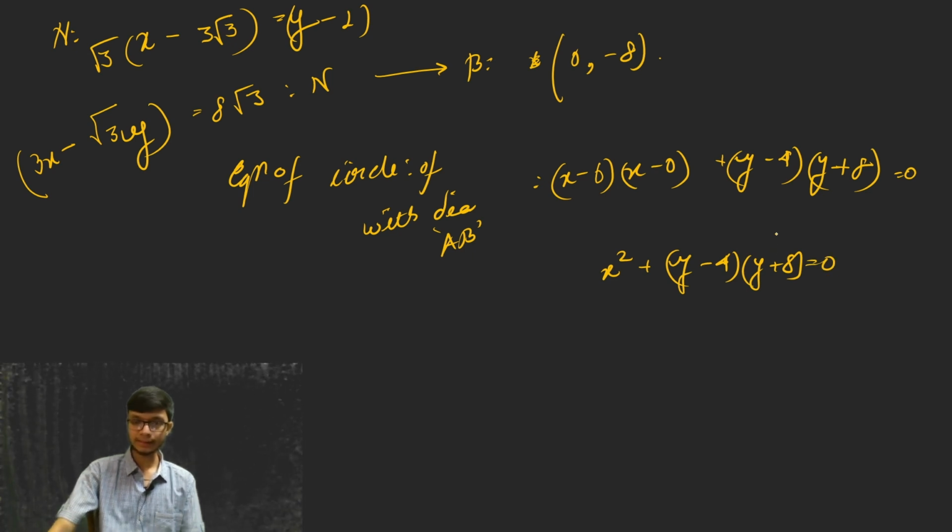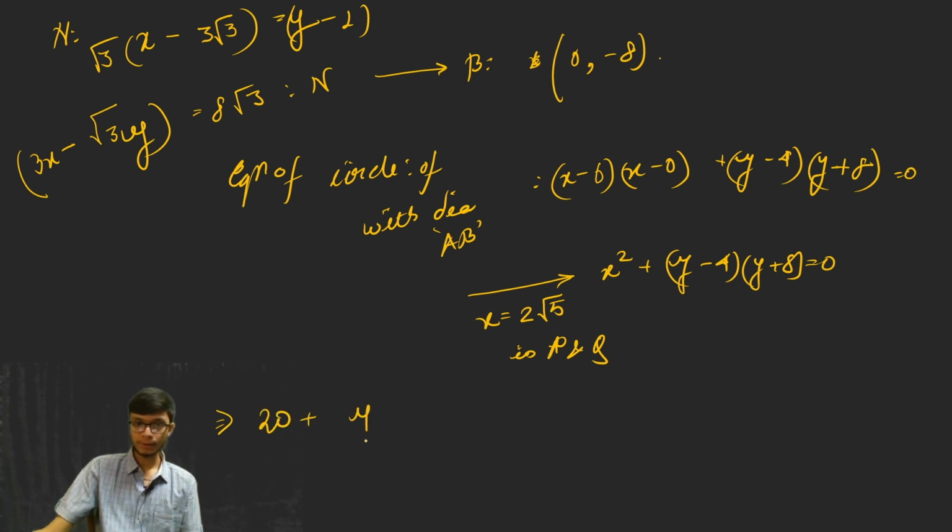Now it is saying that this circle is cut by the line x equals 2 root 5 in two places, P and Q. So let me put x equal to 2 root 5 in place of x. From here, if you solve, it will be 20 plus y square, and what is the sum of the roots? You can directly solve.